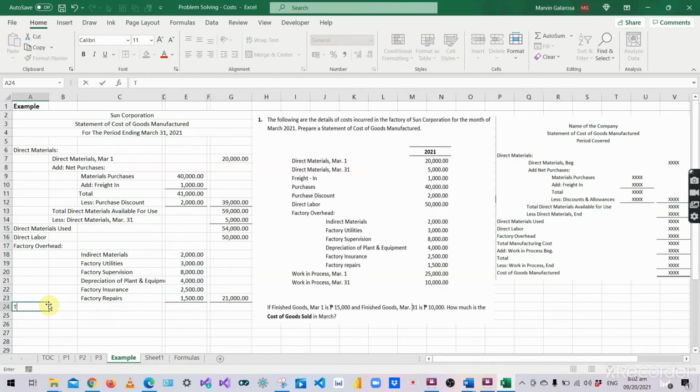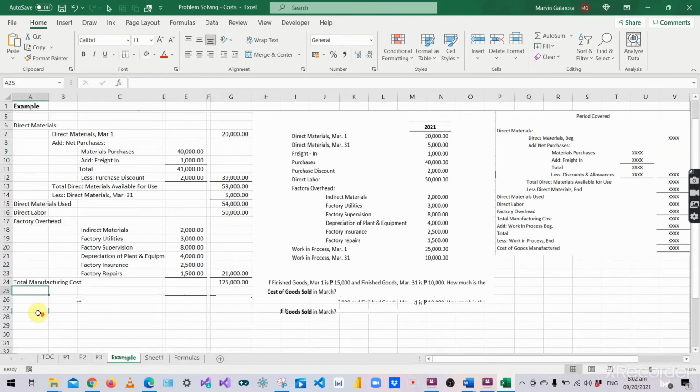Then we get the total of direct materials used plus direct labor plus factory overhead. We will get the total manufacturing cost. So 54,000 plus 50,000 plus 21,000 equals 125,000.